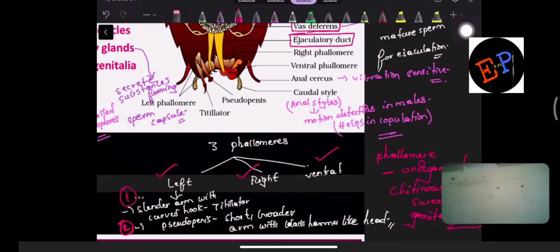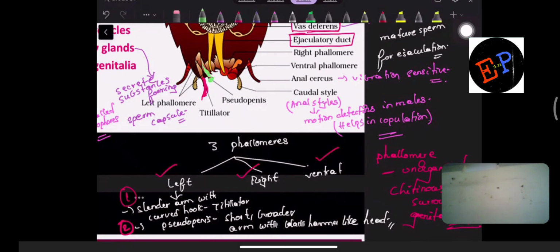These are the two parts present in the left phallomere. Are you able to understand? One is the slender arm with a curved hook. Here you are able to see in this figure, this one is called the titillator. And the second part present in the left phallomere is called the pseudopenis.